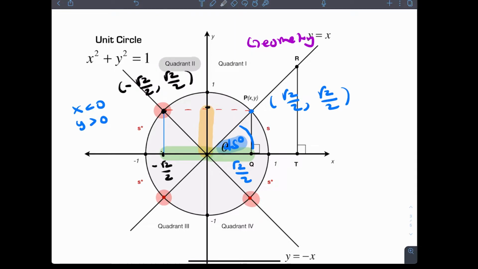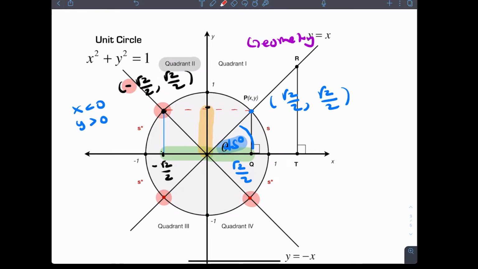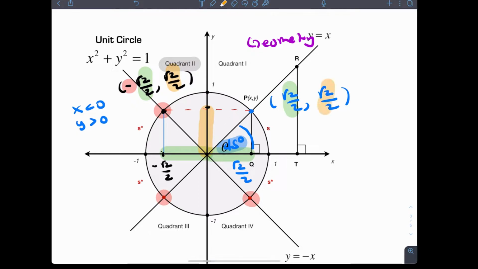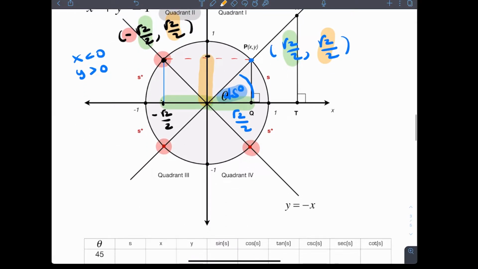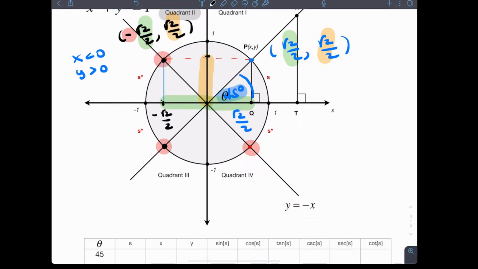This is why the x-coordinate is negative. So this is green. This is green. Orange, orange. Okay, you guys okay with that? Pretty good? Can you tell me what these other points might be? Maybe you guys already know all this stuff. What's that location on the unit circle?